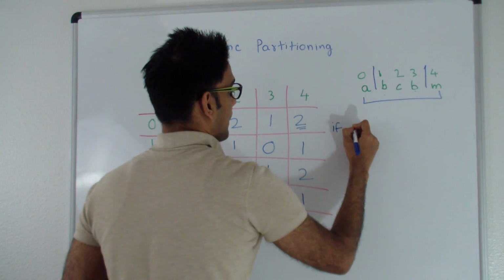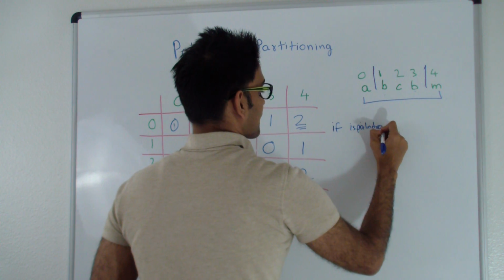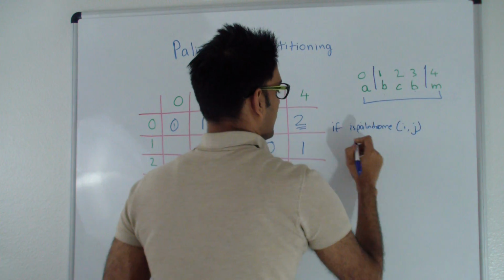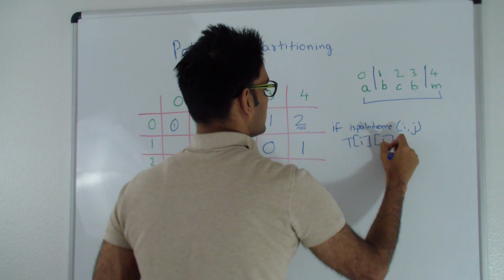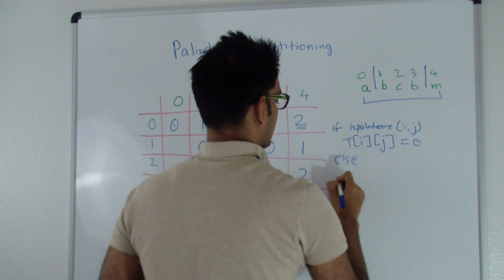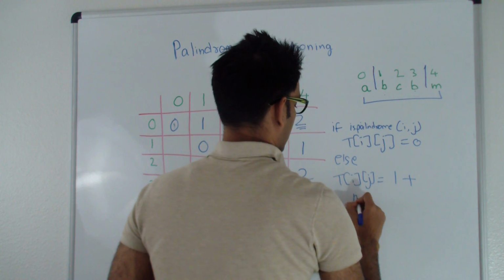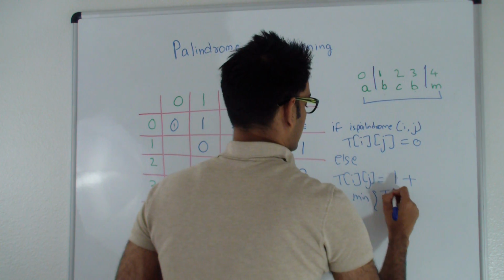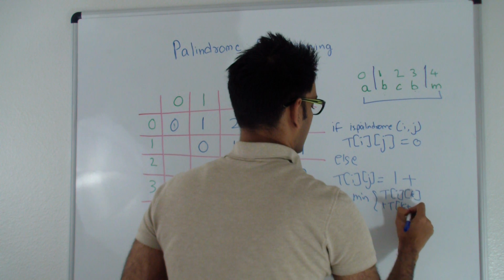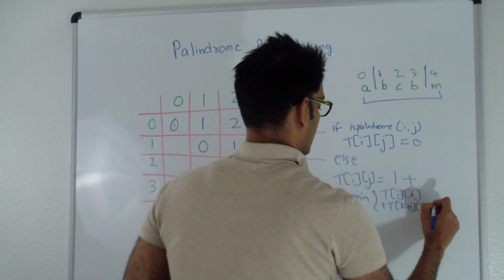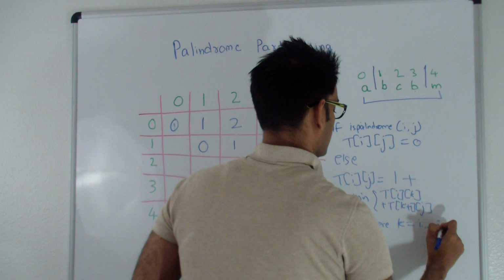If the string between I to j is palindrome, then T I j is equal to 0, else T I j is equal to 1 plus minimum of T of I k plus T of k plus 1 j, where k is equal to I to j minus 1.